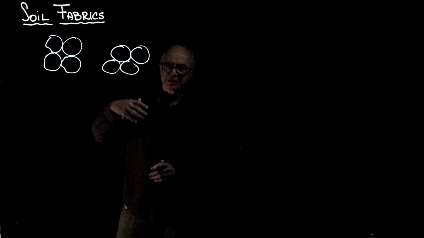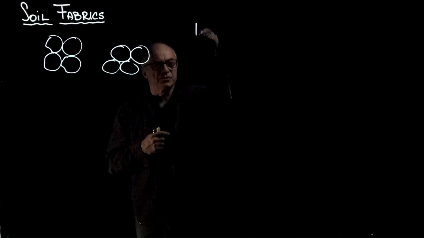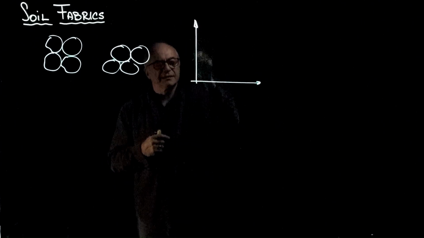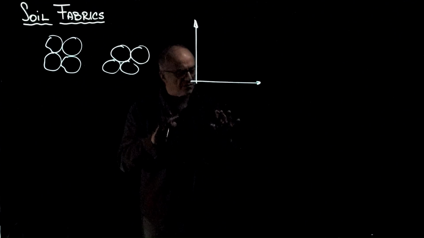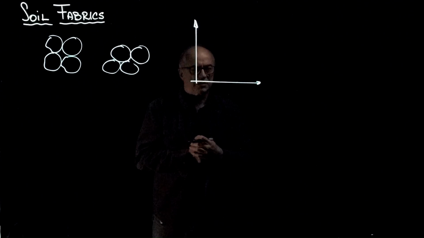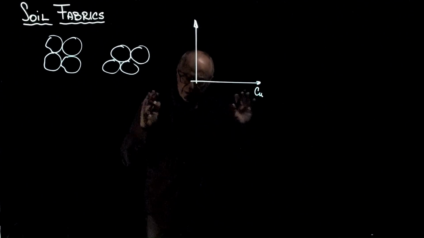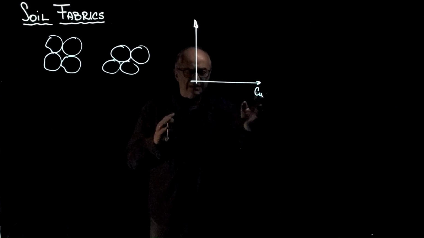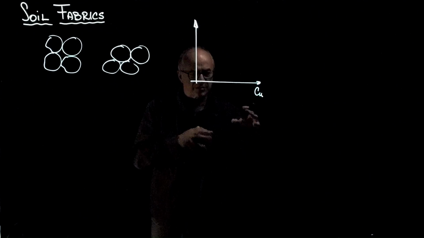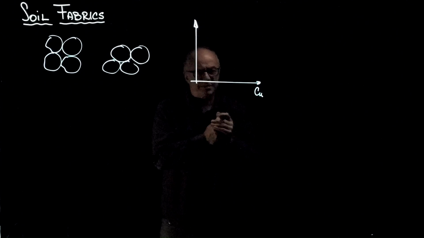Now, this maximum and minimum packing density can be captured for coarse grain soils in the following diagram that shows the essence of what determines the packing of coarse grain soils. On the one hand, the coefficient of uniformity, which is always misleading because the higher the number, the better graded the soil is. In other words, there will be smaller particles that can fit within the voids of the larger particles.